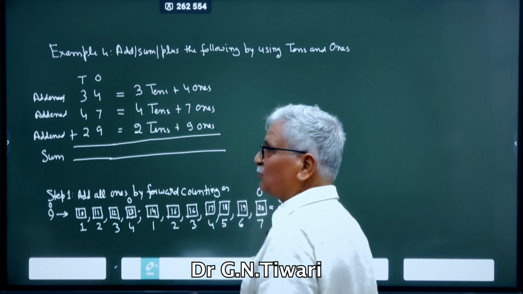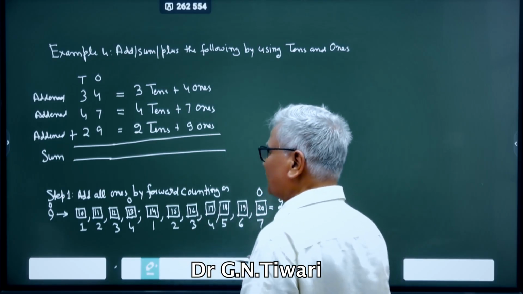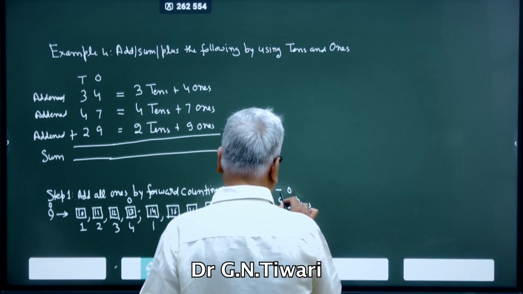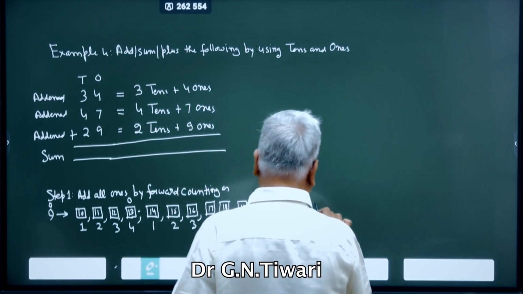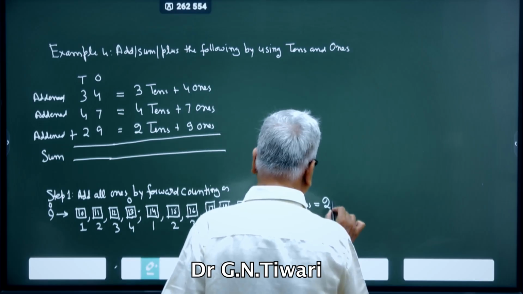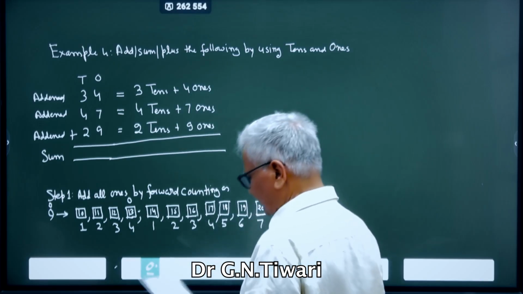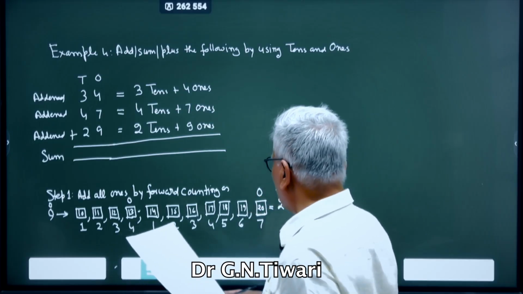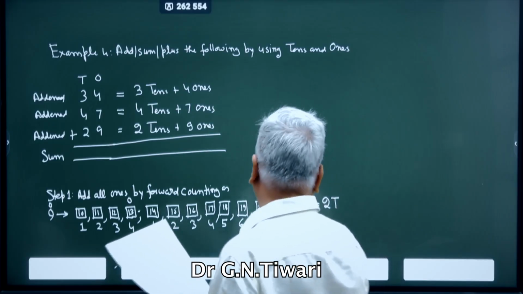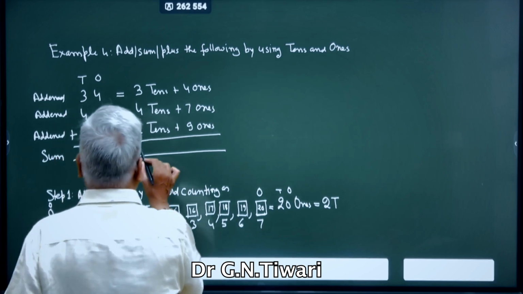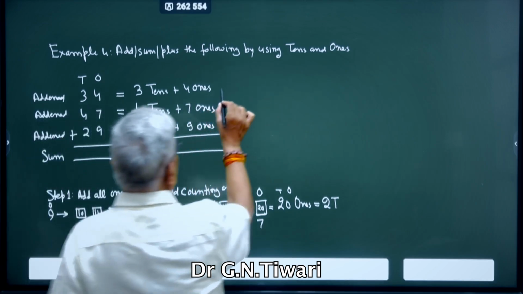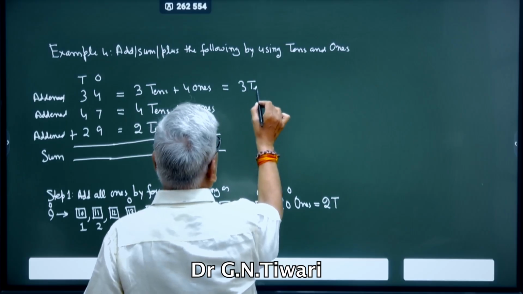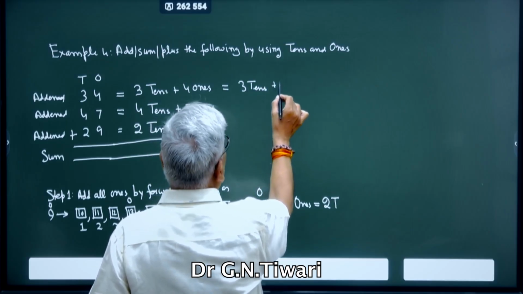Pay close attention, this is a very important thing. It means that 20 ones is equal to 2 tens. I will tell you how to write. So here it becomes, continue it, here 3 tens plus 4 ones.